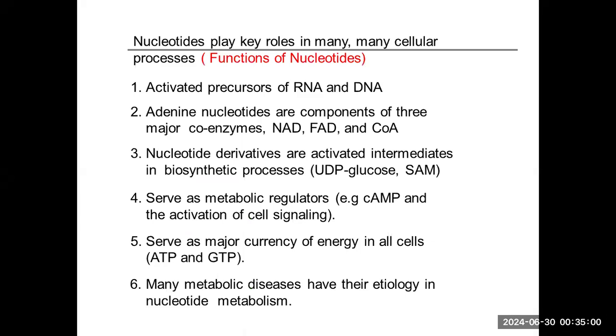As far as the functions of nucleotides are concerned, nucleotides play key roles in many cellular processes. Number one, they are the activated precursors of RNA and DNA. That is, the activated purine and pyrimidine nucleotides are the raw material for the synthesis of RNA and DNA.